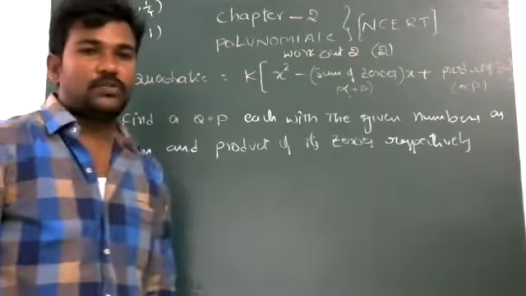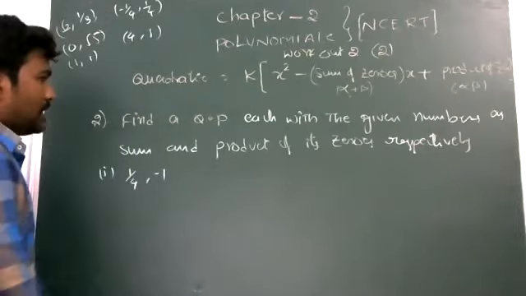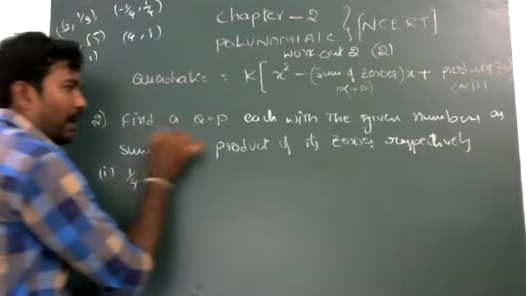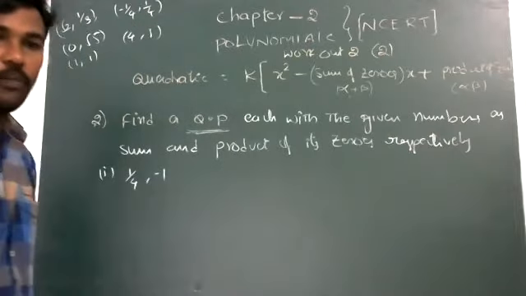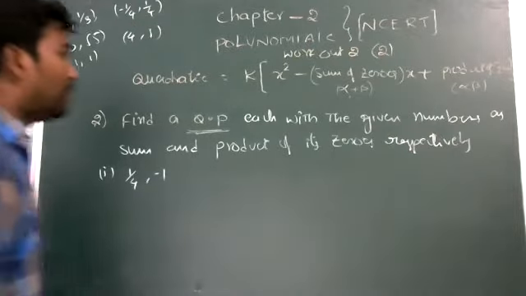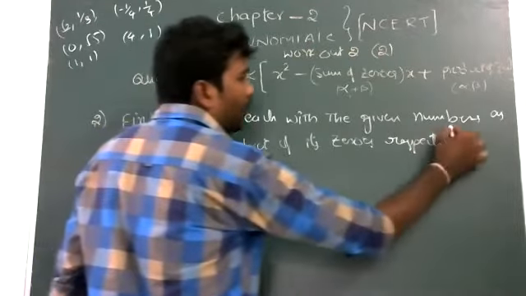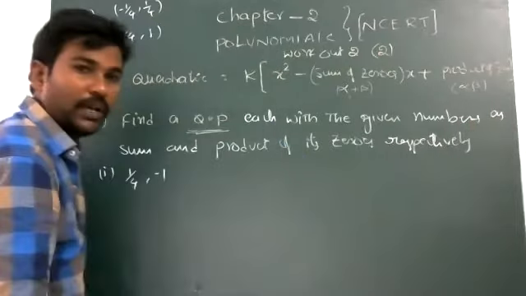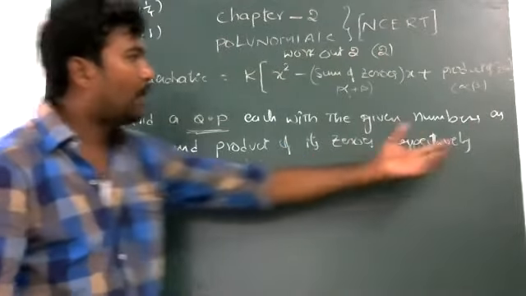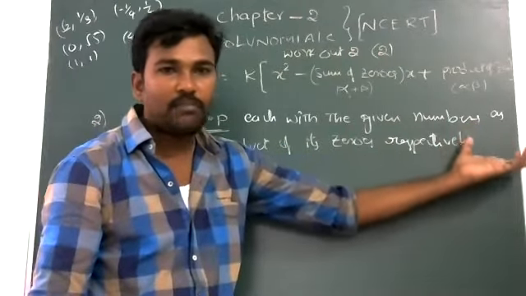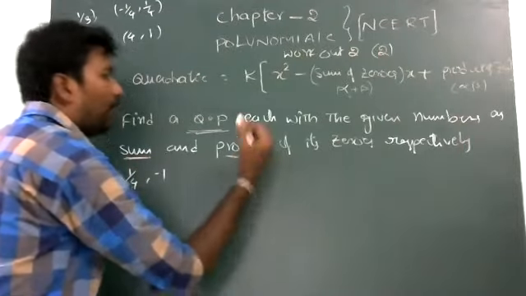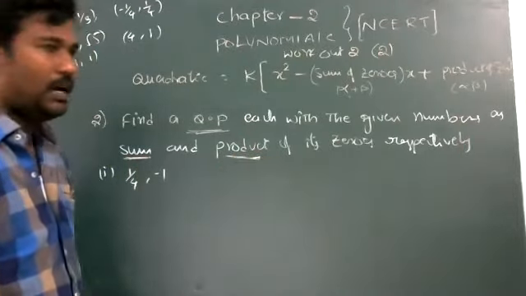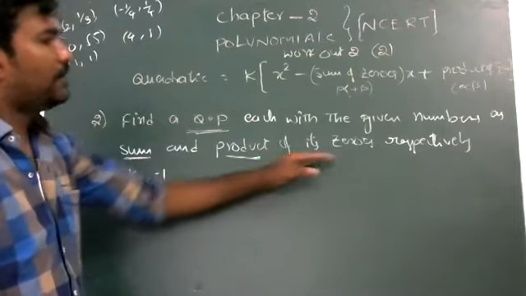So here you can see, students. First of all, read the question properly. We need to find a quadratic polynomial for each of the following numbers as sum and product of its zeros.